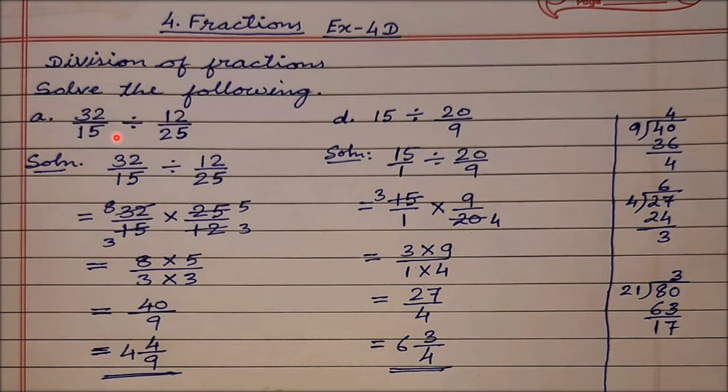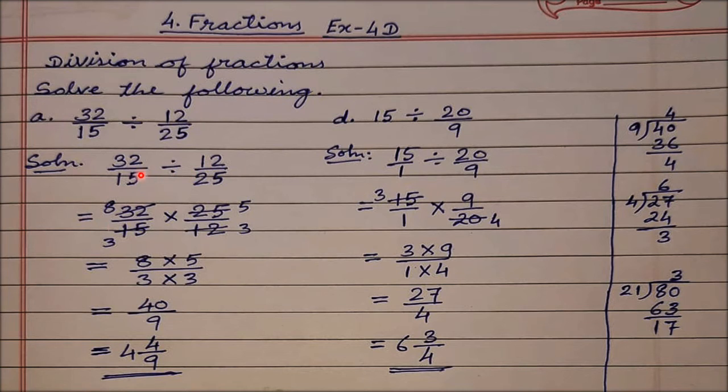So what I said, remember that division sign changes to multiplication, and as soon as you change the division sign to multiplication sign, we have to write the reciprocal of the divisor. So 32 by 15 is the dividend. It's divided by 12 by 25. That is the divisor.